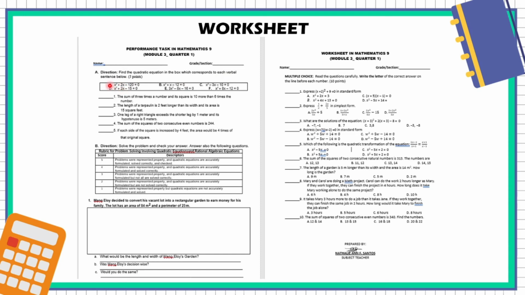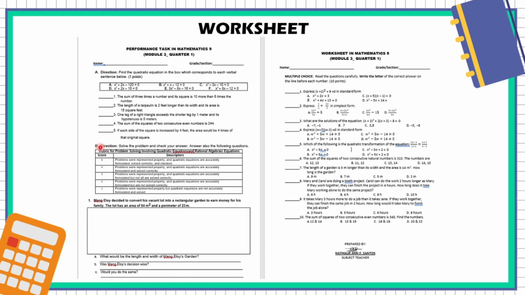Dito ay pipili kayo sa given box natin kung ano yung nagre-represent ng ating mga mathematical sentence dito or verbal sentence. Pero hindi siya agad-agad makukuha. Kailangan mo munang mag-represent para mag-arrive ka sa quadratic equation.